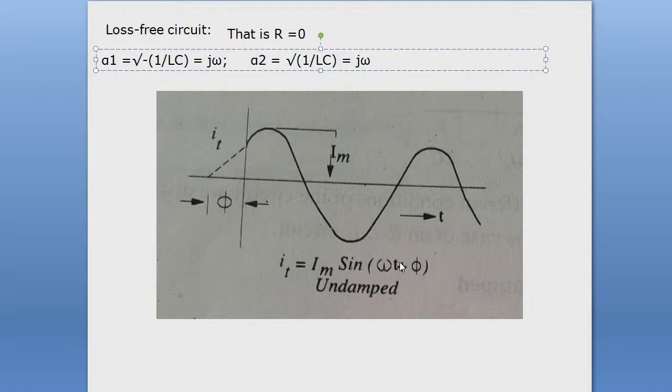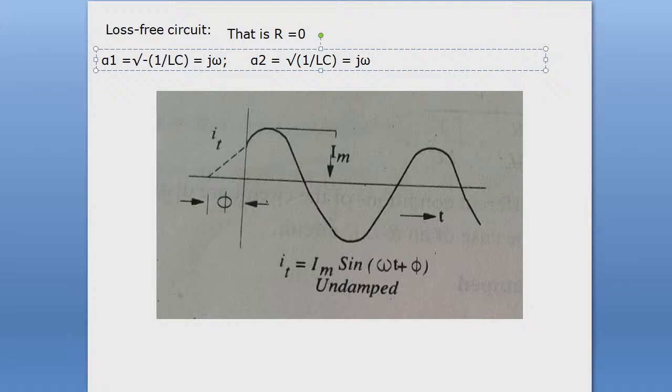Everyone see the condition. After getting the transient response of this circuit, we have put the value of resistance equal to 0.